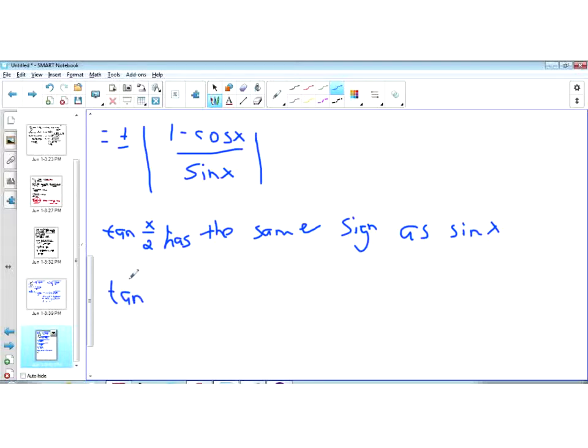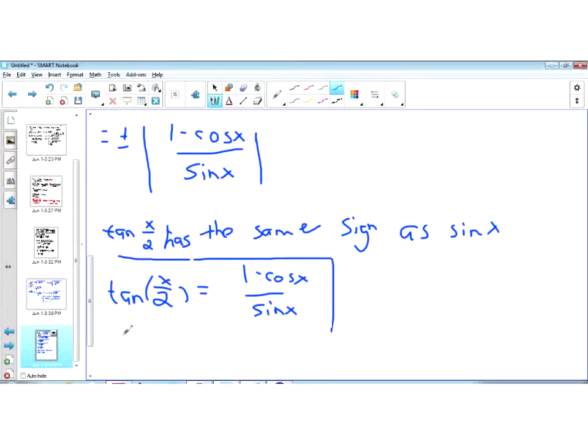If sine x is positive, then the tangent of x over 2 is simply equal to 1 minus cosine x over sine x. I'll leave it to you as an exercise. Also, if sine x is negative, the result still holds as well. So this is the half-angle formula for the tangent of x over 2 right here.